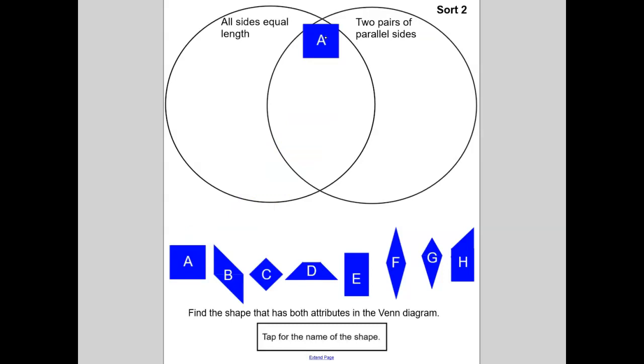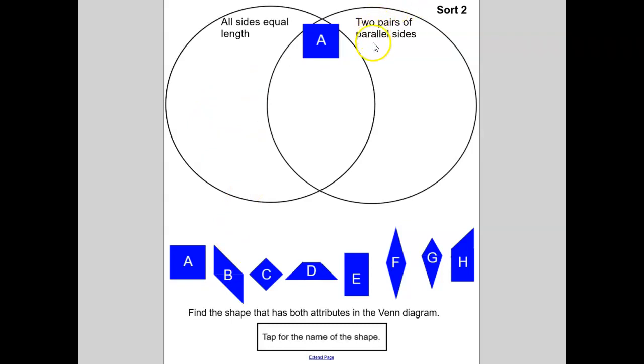Wonderful. Let's look at shape B. Okay, does B have all sides that are equal length? What do you think, boys and girls? You're right, not all sides are equal length because I know that this side has the same opposite parallel side length, but these two side lengths aren't the same. So it couldn't go in this side of the Venn diagram. Let's look at the other side.